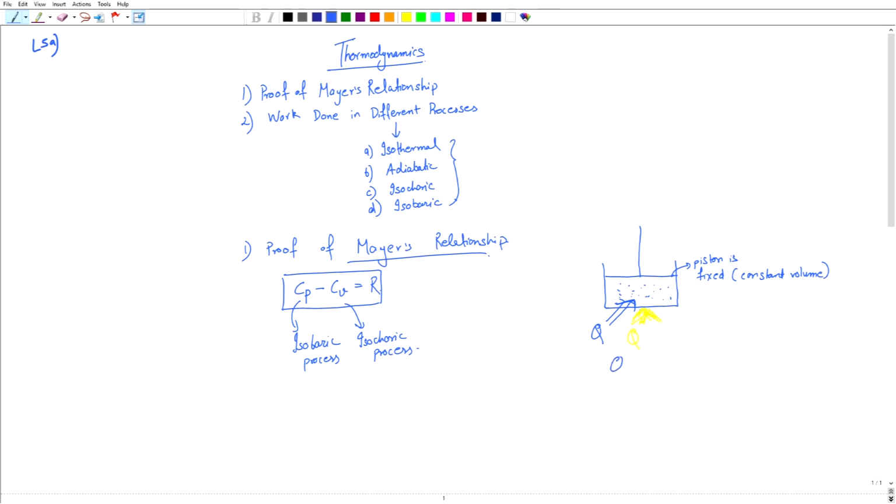So Q at constant volume is nothing but n Cv dT, where Cv is the specific heat at constant volume.